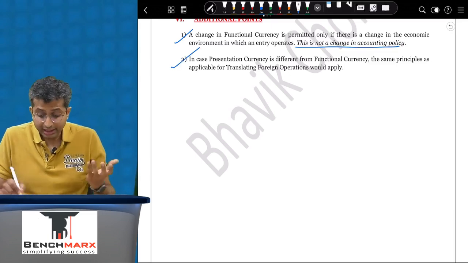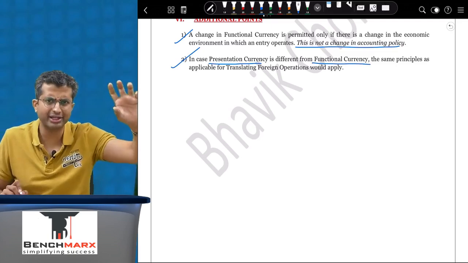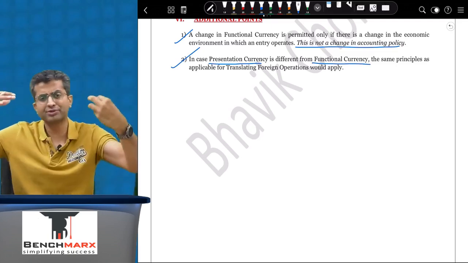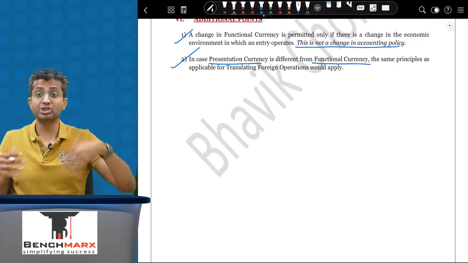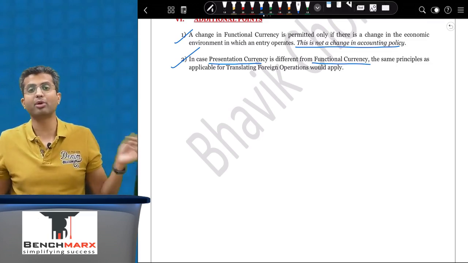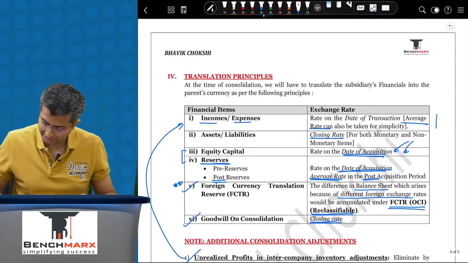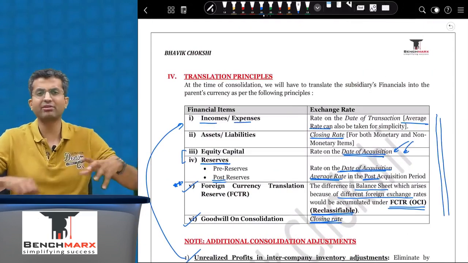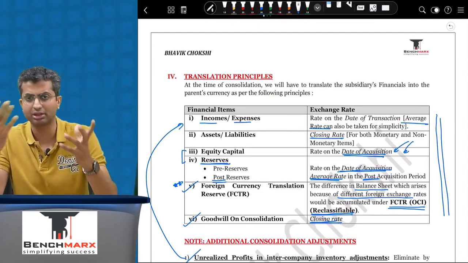And lastly, in case the presentation currency is different from the functional currency, take the original Coca-Cola India example: you had a Coca-Cola India whose functional currency was rupees, you have recognized everything in rupees, but now suddenly you want to prepare the balance sheet and the profit and loss in dollars. How do you do that? Well, you do that by applying exactly the same principles. Whatever are the incomes and expenses of Coca-Cola India will be converted, let us say, at the average rate into dollars.